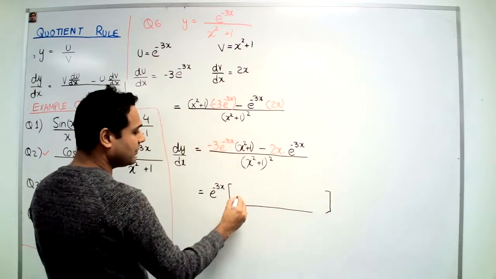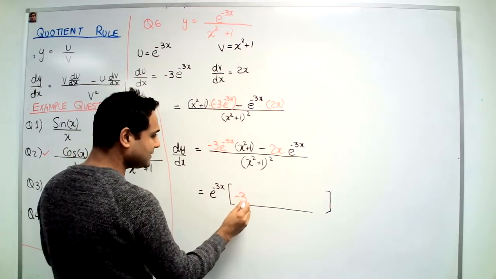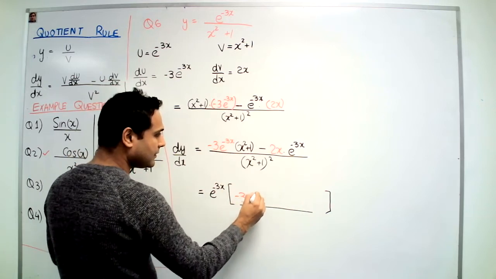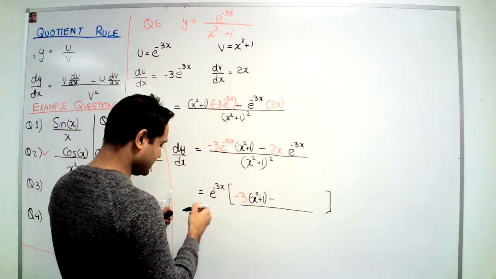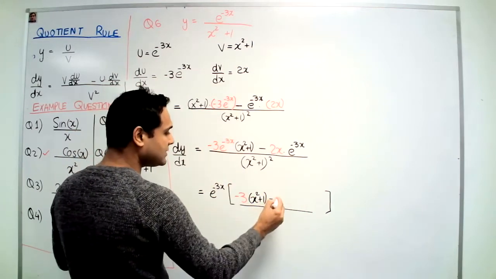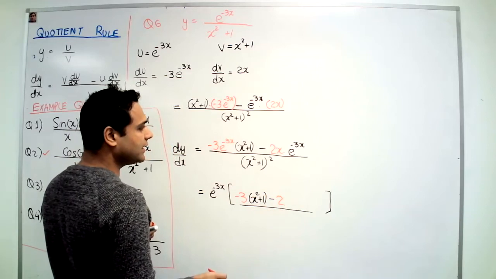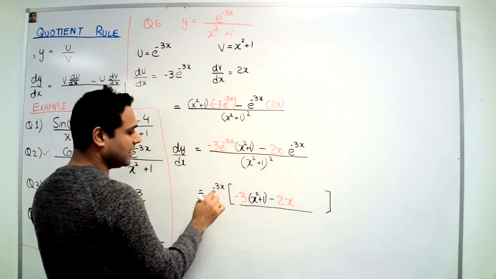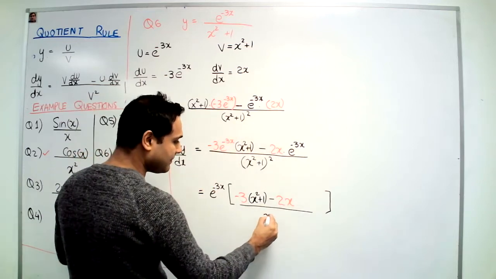If I take that one common, I got minus 3, this minus 3 as it is, and this x squared plus 1, and then minus, and then 2 is still there, and x is still there, and this e to the minus 3x comes out. Yep, so that's that. The denominator remains the same.